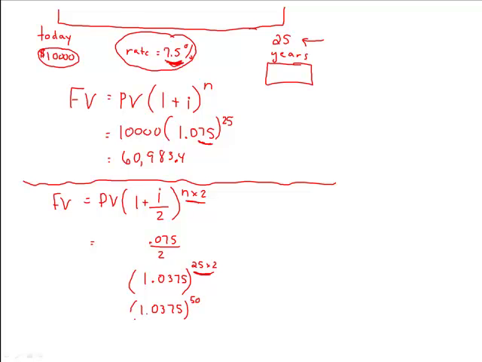So raise that to the power of 50, and I'm just going to finish this equation so it looks a little better. And then we would take our present value, which is $10,000, and multiply it by 1 plus I, but this time the I is the semi-annual I, to the power of time, but this time time is the number of 6-month time periods there are in 25 years.